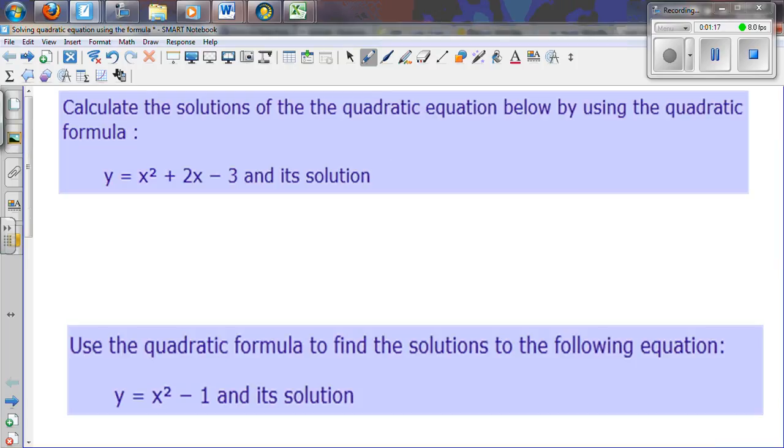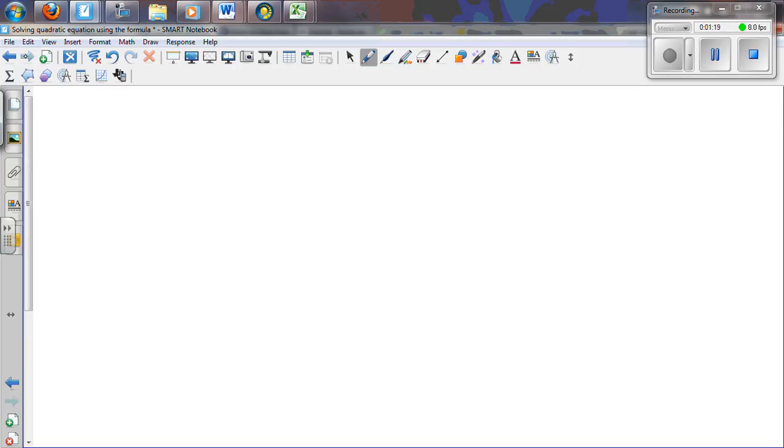If you have ax squared plus bx plus c equals 0, then we can solve this equation to get x by itself. I'm going to use all of the stuff you have learned this year to do this.